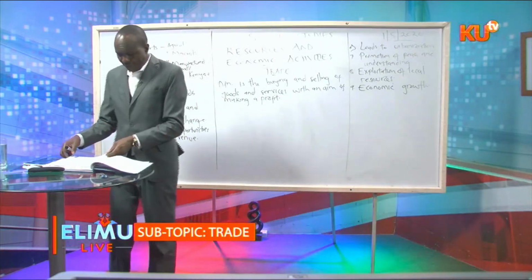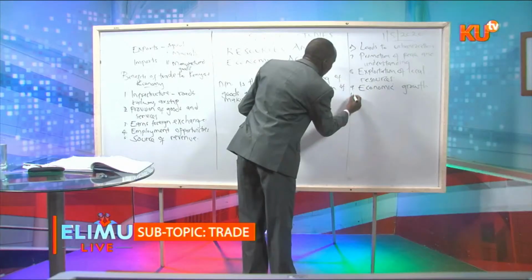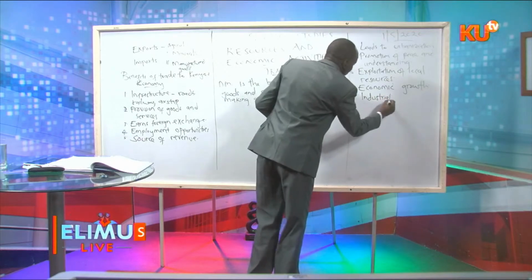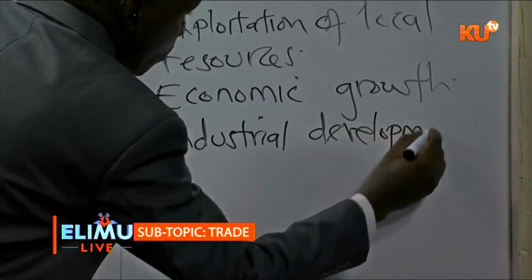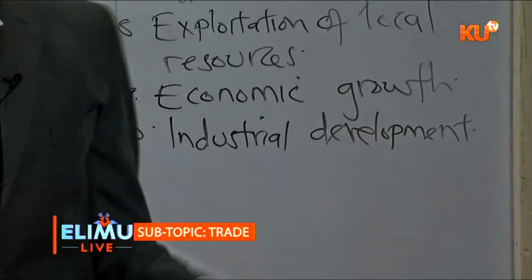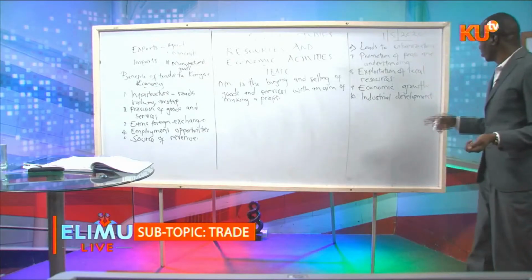The next point is that it leads to industrial development. For example, when we import crude oil, it is processed and separated at Changamwe.